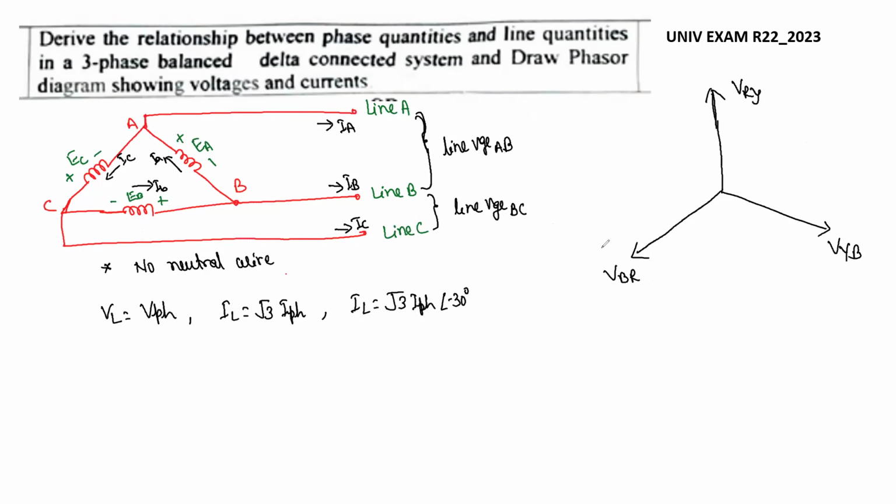This graph represents the current IR. It makes an angle phi. Opposite of this, if we project a dotted line, we'll have minus IR.